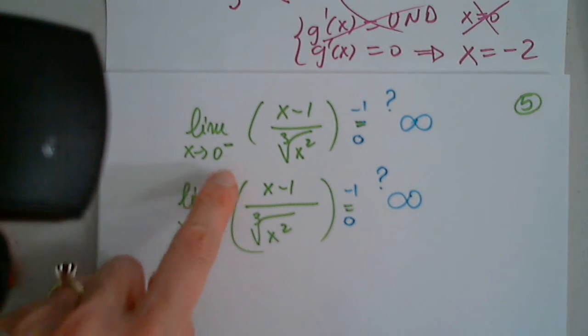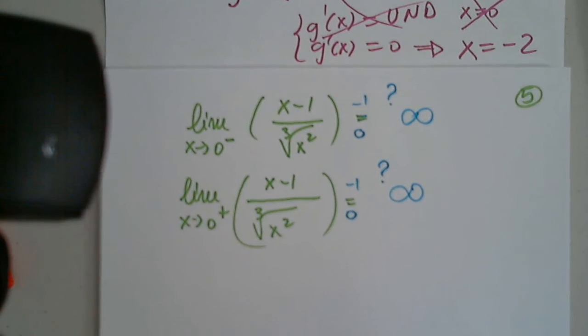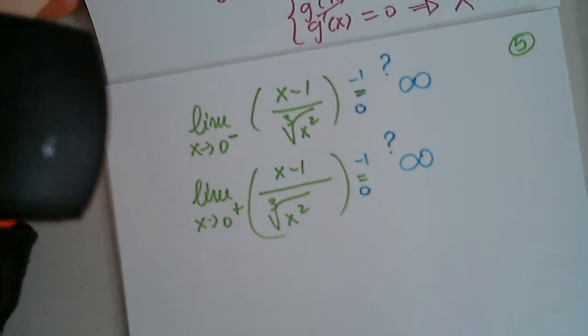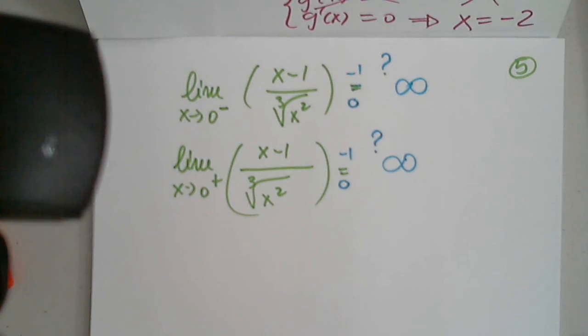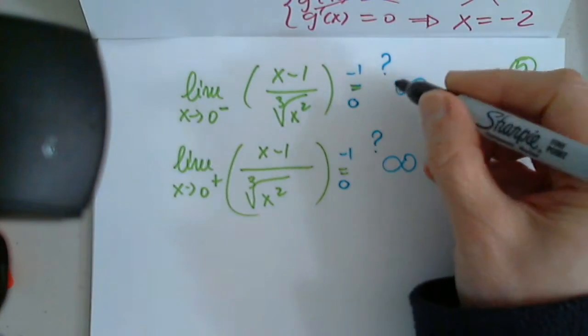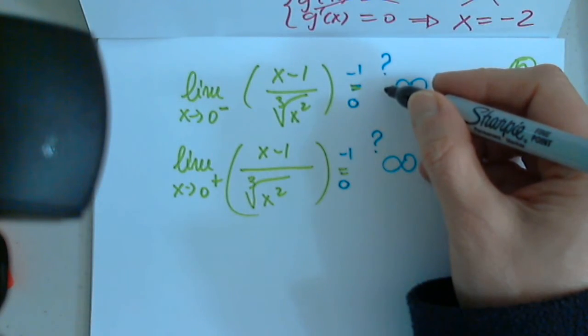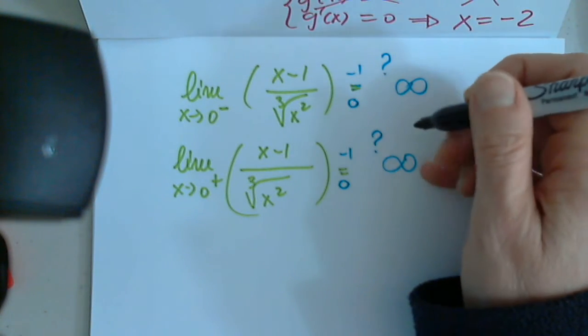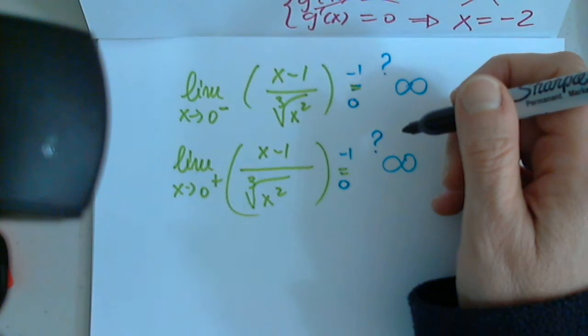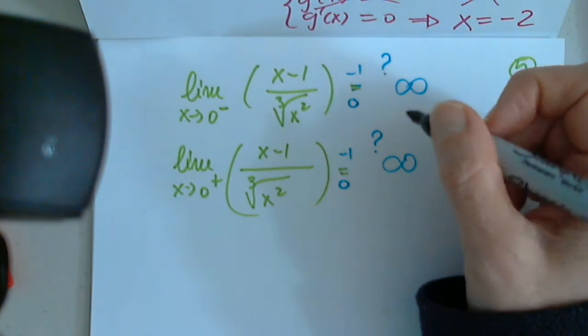Can anyone plug in 0 from the left, like -0.1, and tell me the sign of that 0? How can 0 have a sign? Yes, sort of, so to speak. Ian, would you tell us?